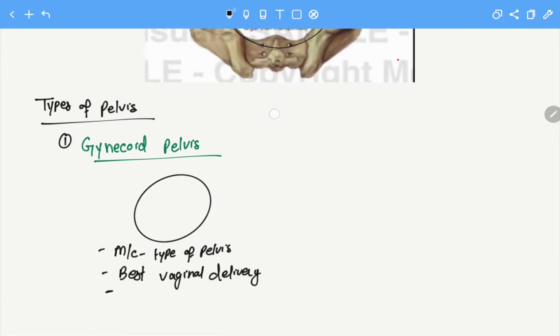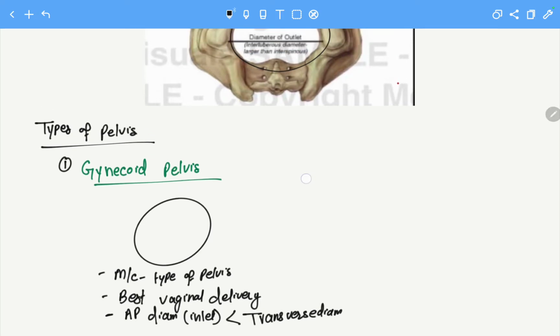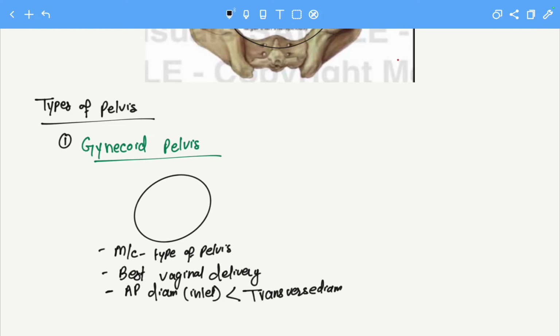You can write all the points from there. The AP diameter for the inlet is less than the transverse diameter. This is for the gynecoid pelvis, the most common type of pelvis and best suited for vaginal delivery.